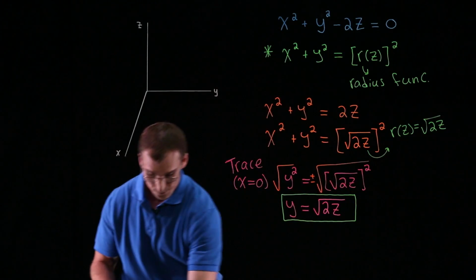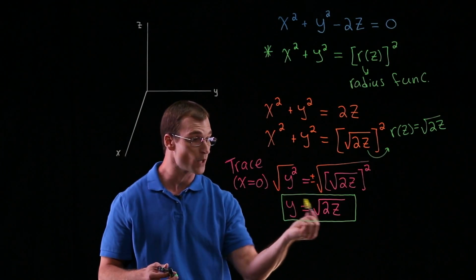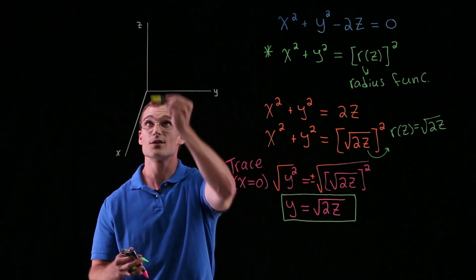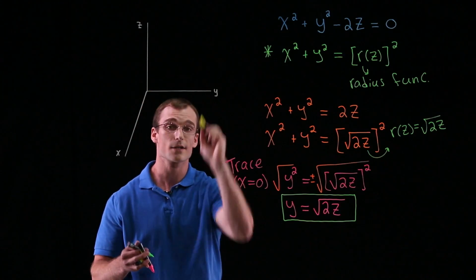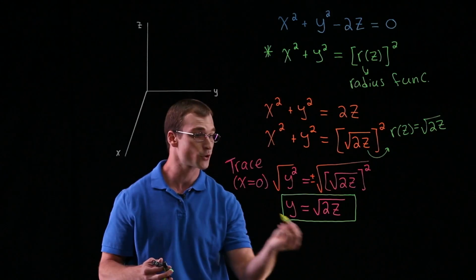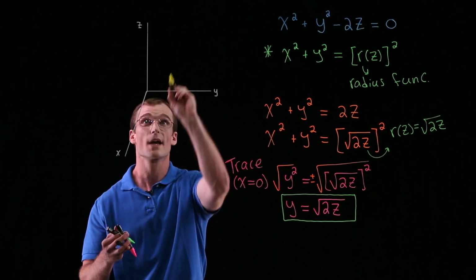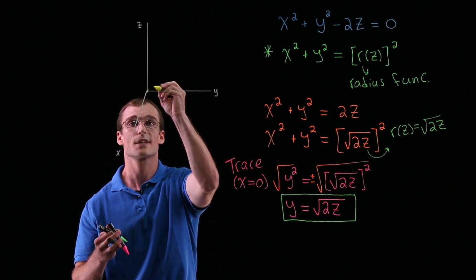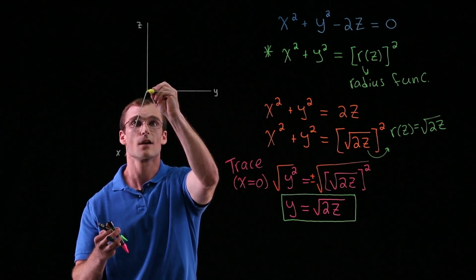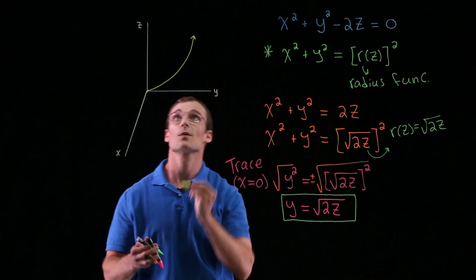Coming over here and taking a look at this, y equals the square root of 2z. So z is our independent variable, and y is our dependent variable. The square root of 2z looks something like the square root of x curve, but going out along the z-axis. We'll just sketch it, starting at our origin and coming up looking something like that.